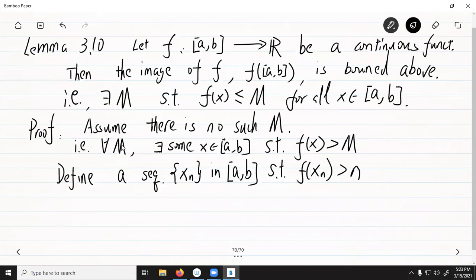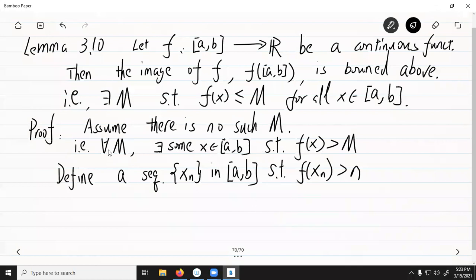If M equals 2, then we have another x such that f of x is greater than 2. We denote it x2. And M equals 3, you have another one, f of x greater than 3. We denote it x3, and so on.